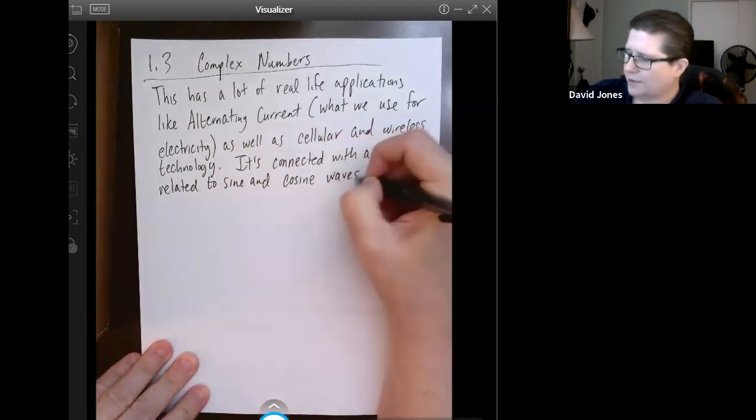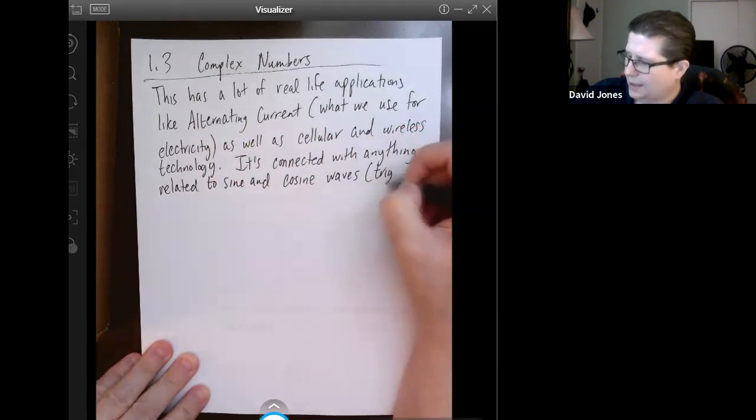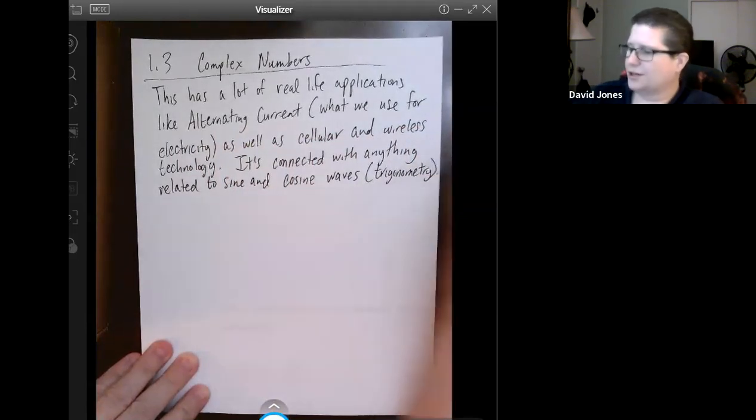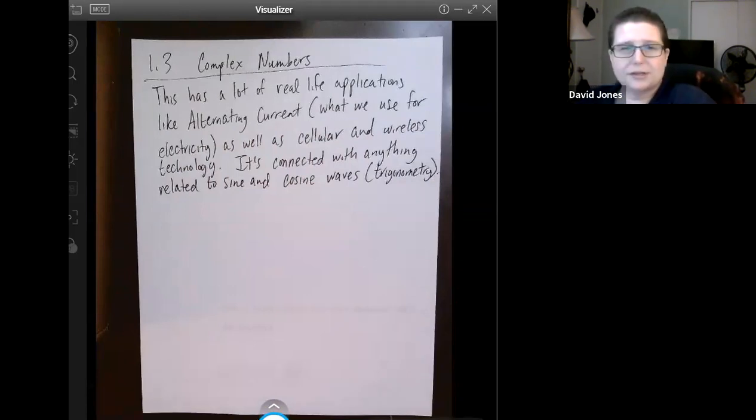And you'll learn about those in trigonometry and how much they work with the imaginary or the complex numbers. I think we dabble in it in trig, but it comes up a lot later in differential equations and stuff like that. So that's why it's important. Like most of society is dependent on this form of mathematics.